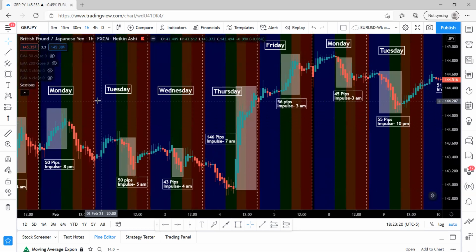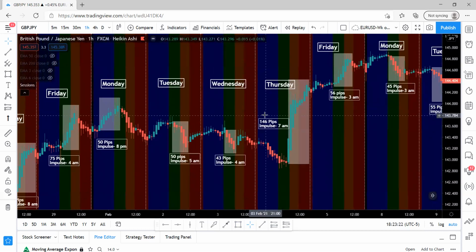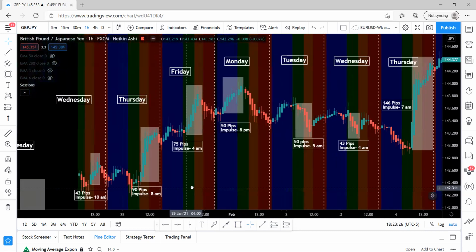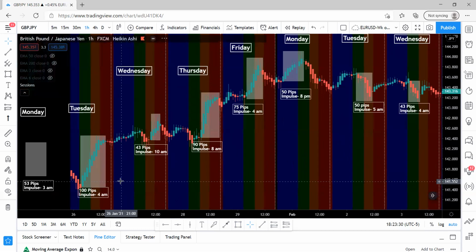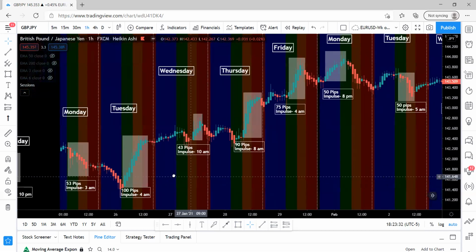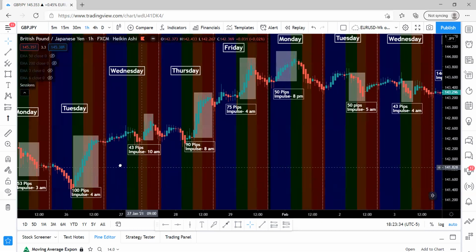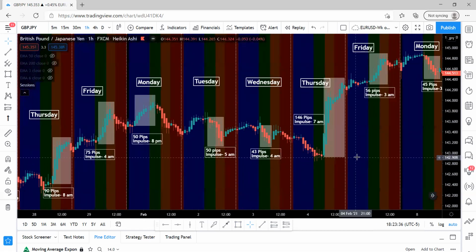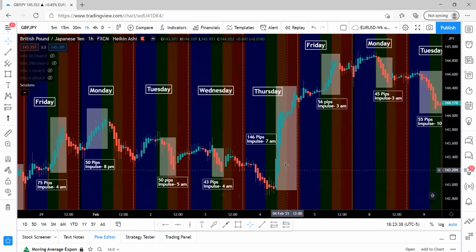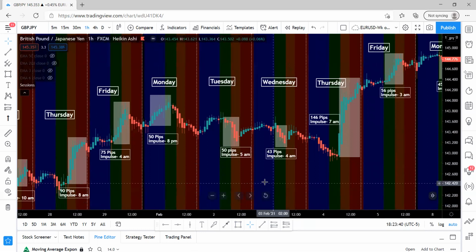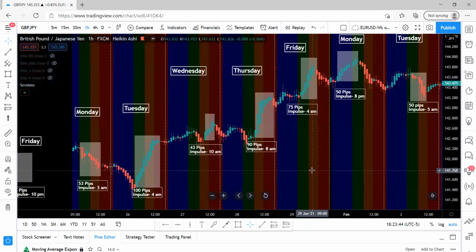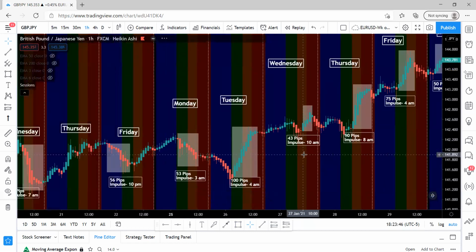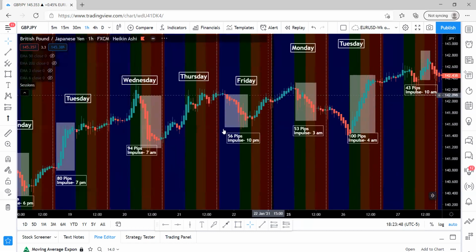So as you can see, you can start to see the pattern. And also, when you label the days and you start to go through the weeks, you can typically see what days it is really good to trade these pairs. So as you can see, on Mondays, there's usually smaller impulses, but on days like Thursday and Tuesdays, there's bigger impulses.